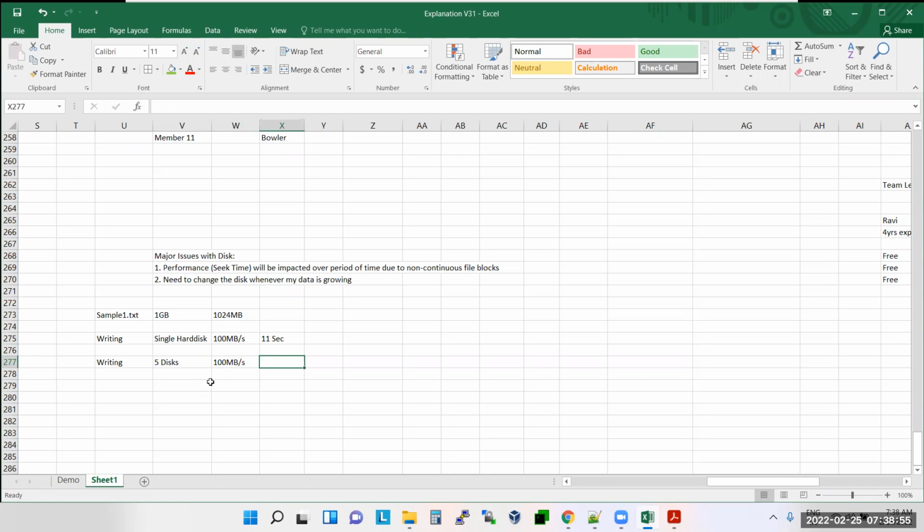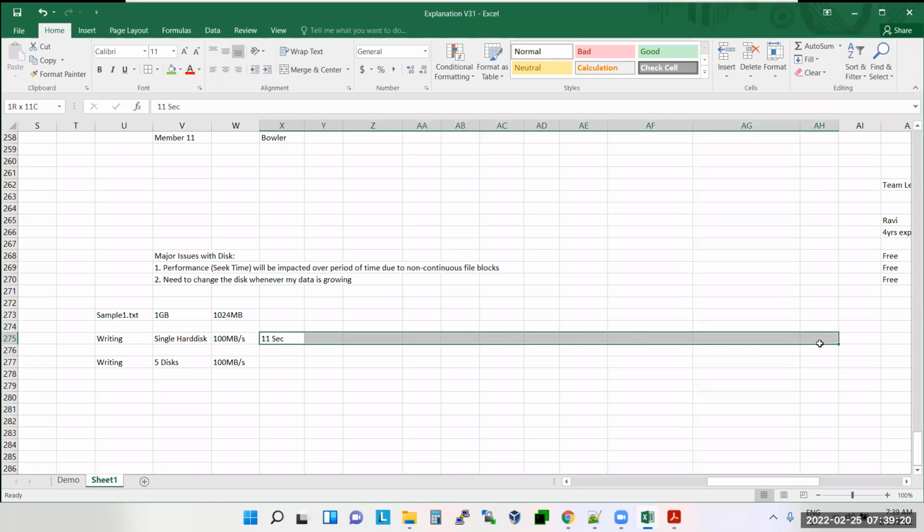Your data will be divided into 11 pieces. First, each disk will write one piece, which means 5 are gone: piece 1, piece 2, piece 3, piece 4, piece 5, and so on up to 11.